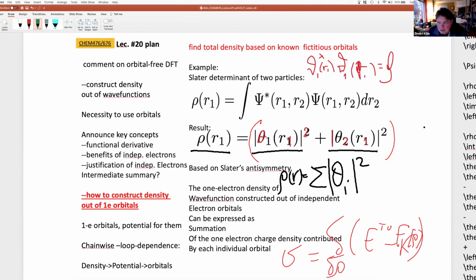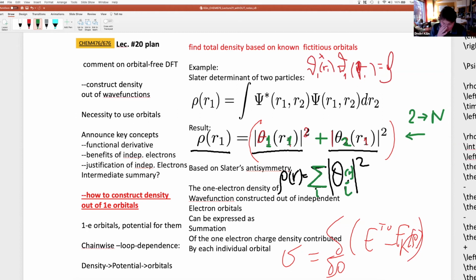So here is our result. And if you go from 2 electrons to n electrons, then instead of putting the plus sign here, we put the symbol sigma. Instead of counting literally first, second, we can call it orbital number i, and we can make a summation over all orbitals with index i.